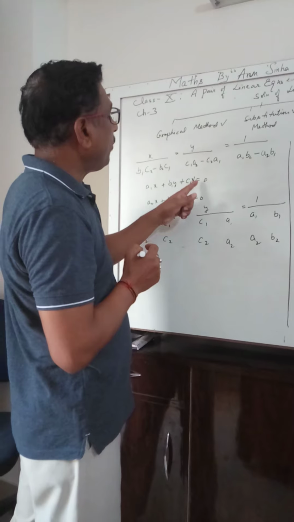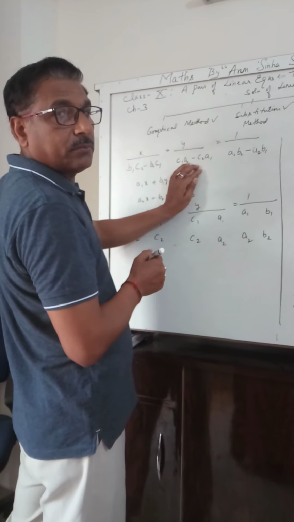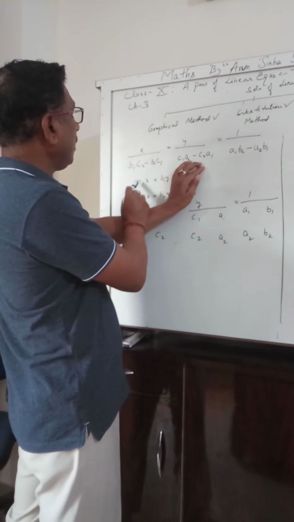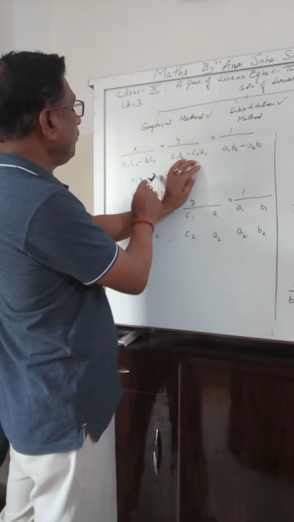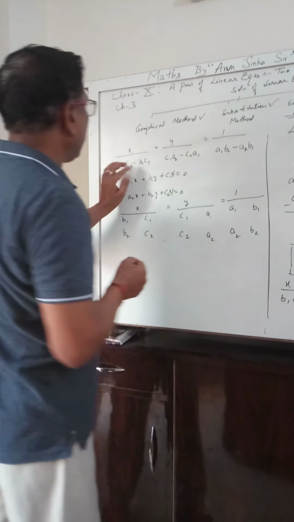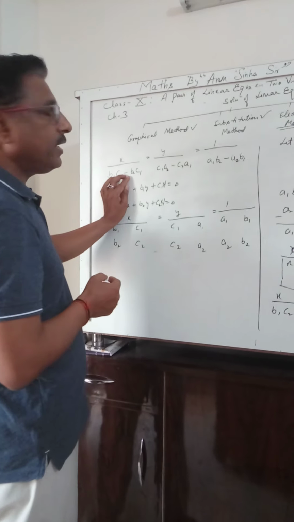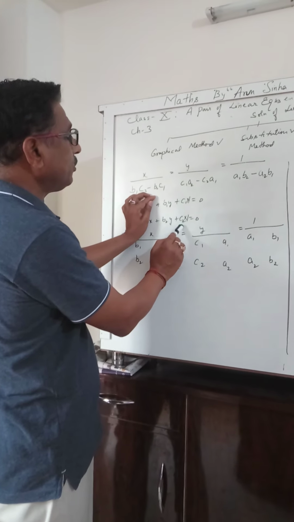Okay children, so to get the value of 1, you just hide these terms. What will you get? a1 a2, b1 b2. Recalling again, to get the value of x, you just hide this x term. You will get b1 b2, c1 c2.